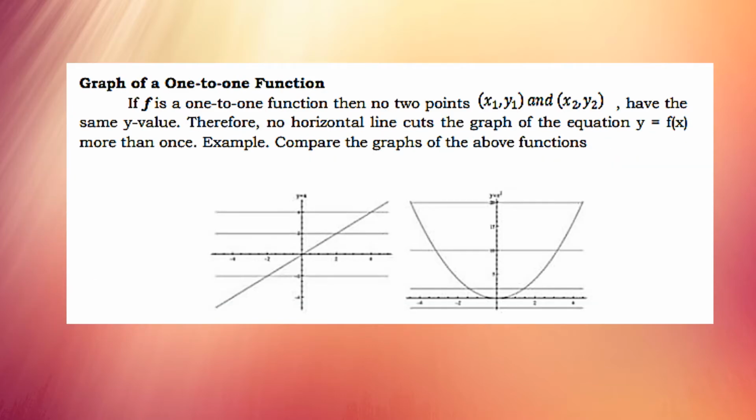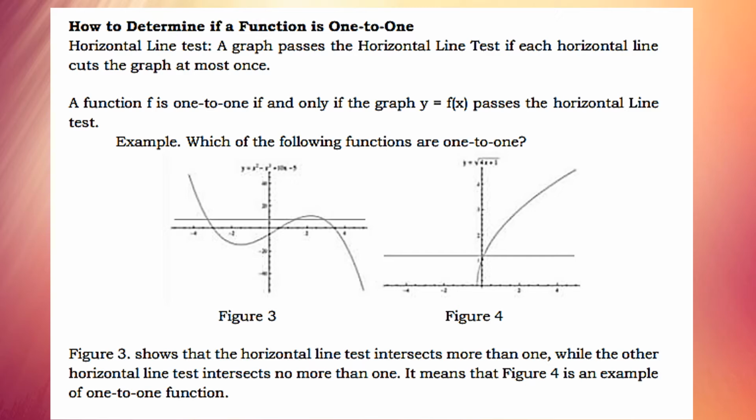Now, when it comes to graphs, in our previous lesson, a graph represents a function when we draw a vertical line test and it intersects at exactly 1 point on the graph. So it's a function. Now, how do we know that this function is a one-to-one function? This graph in figure 3 does not represent a one-to-one function.